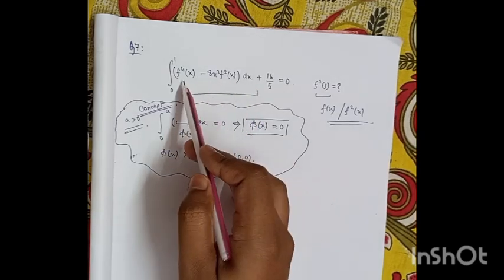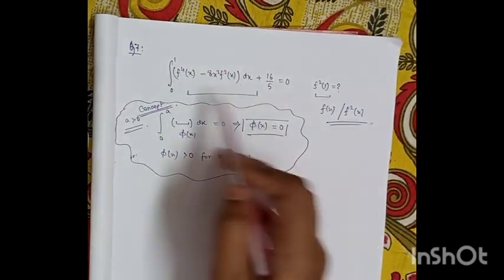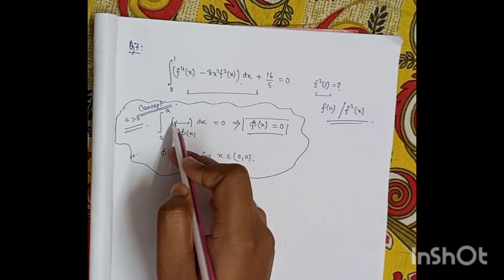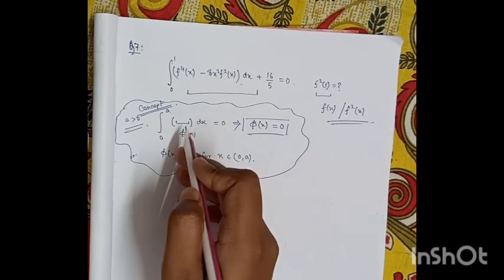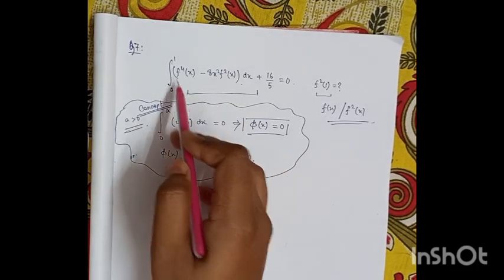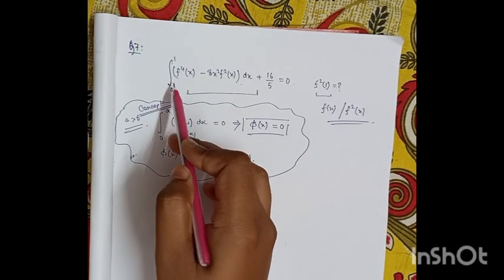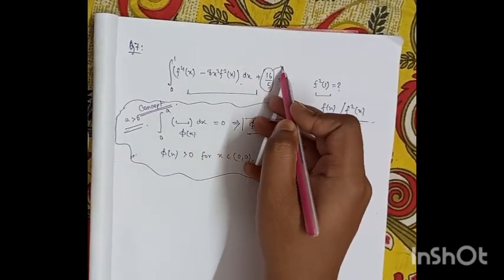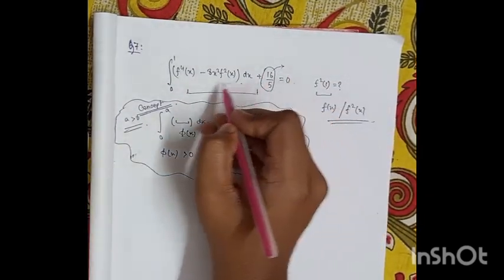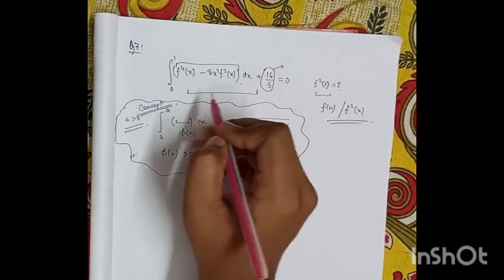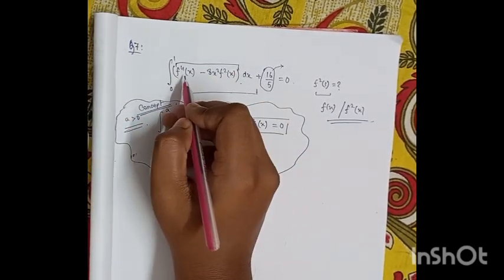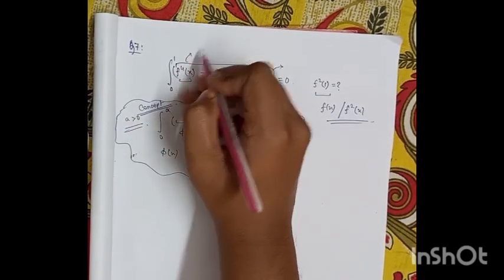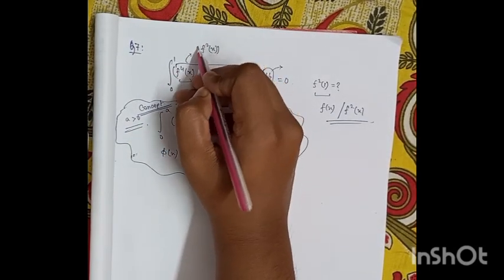So we have to express this LHS as an integral, and we have to have the integrand as some positive function inside this interval, the open interval (0, 1). So let us try to make this an integral. By observing this integrand, we can see that it is nothing but the square of f²(x).